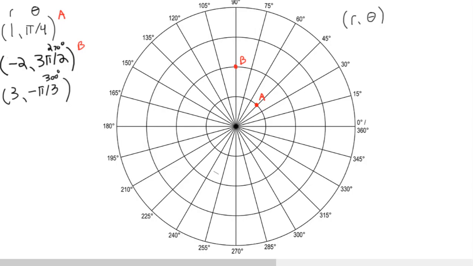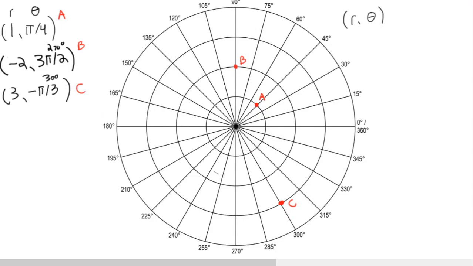So I'm going to tell the little ant, hey, you're targeting over here at 300 degrees, and he's going to be going 3 units out. So targeting 300 degrees, and he's going to go 3 units out. 1, 2, 3, right here. Just 3 circles out. And I'll call that point C. And that's all there is for graphing these guys.